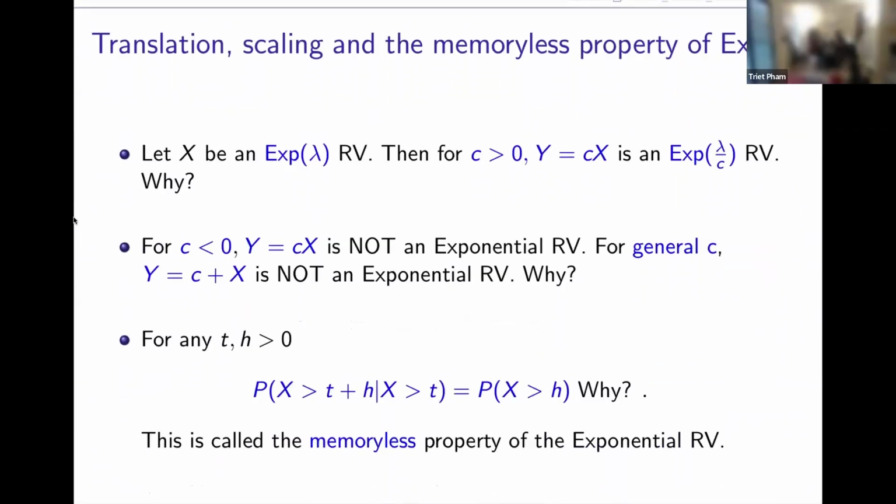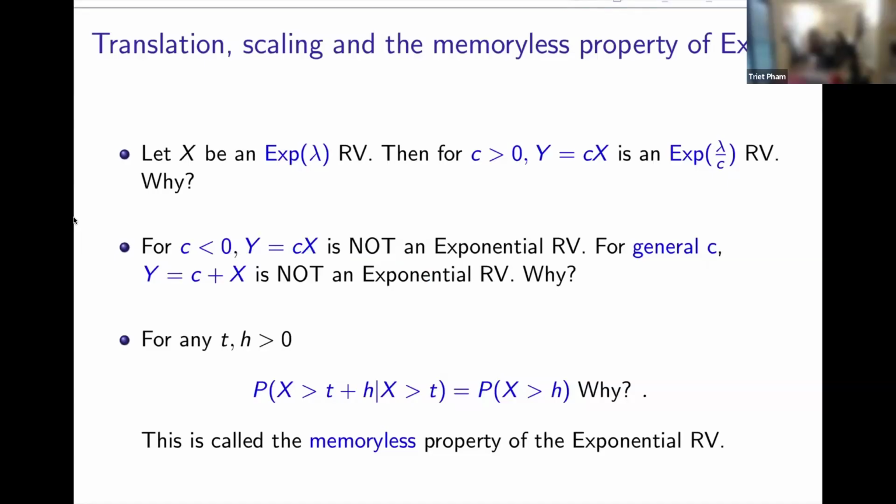Now, when it comes to translation and scaling, as I talked about before, when you scale an exponential, you still have an exponential, but when you translate an exponential, you do not have an exponential. What's the reason? The reason has to do with the strict definition of the support of the exponential.